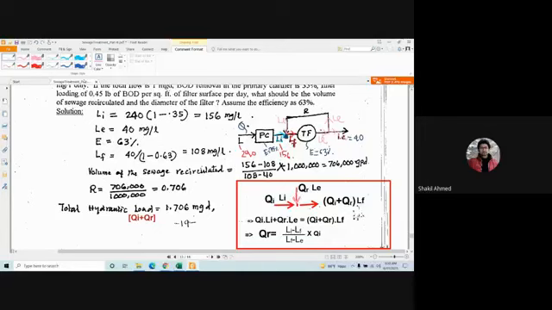The blue one here is LI, and this is LE, the red one. So this discharge, this pink color, is QR, because this is going to be recirculated. This is the recirculated flow. And this is QI, the initial flow.